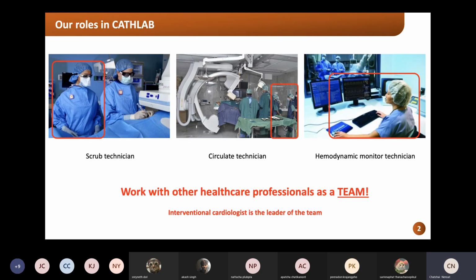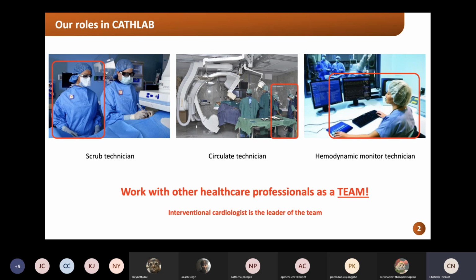And here is the image that I would like to show you about our roles in the cath lab, that our guest instructors like Ho Sin Chi from Thermo and also PTF from Bam Dong Lat also told us about our main roles in the cath lab already, right?